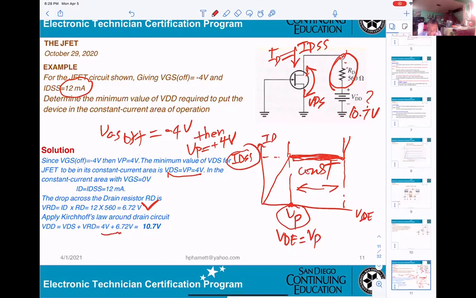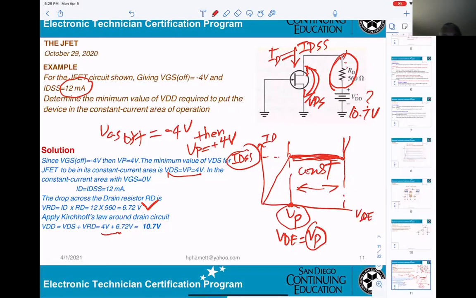Then they have to know the voltage from the drain to the source, which in this case equals VP. Then they add those voltages to get the requirement.